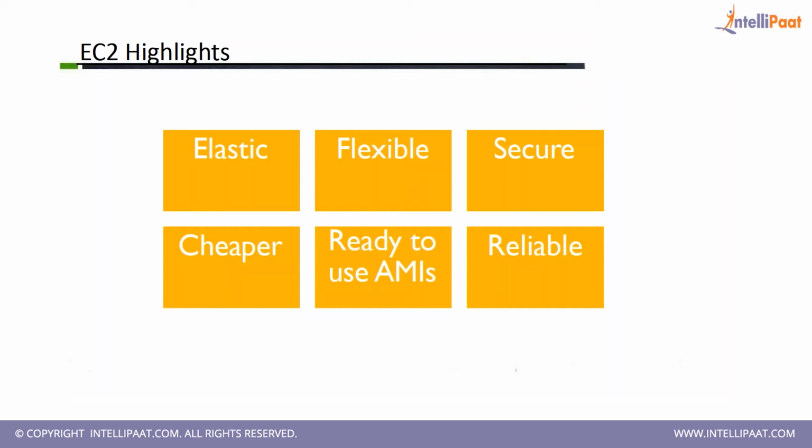It's much cheaper. And there's something called AMIs, or Amazon Machine Images. We'll discuss them shortly. To give you a brief, an AMI contains an operating system, and it might also contain some pre-installed software, and you use that image to spin up your EC2 virtual machine or EC2 instance.